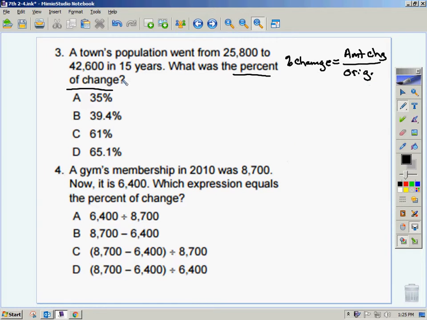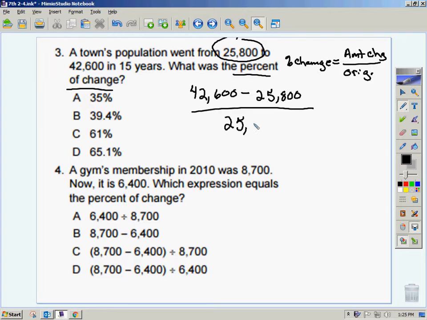To figure the amount that it changes, you're taking the larger of the 2 numbers, subtracting the smaller of the 2 numbers, and you're going to divide it by the original amount. It went from 25,800 to 42,600. 25,800 was my original amount.